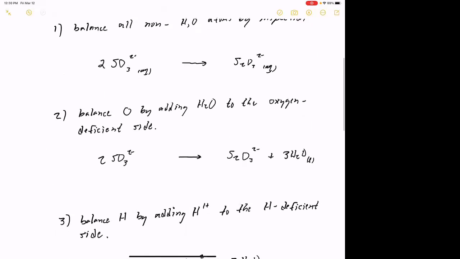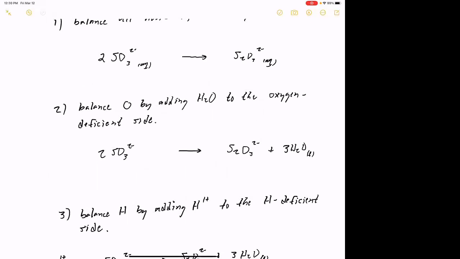All right, so look at item number 2 there. We balanced out the oxygens, right? Now, when I balanced the oxygens, I did it by adding water. Now, look what I added when I brought the water in. How many total hydrogens do you have there on the right? 6. 6 of them, yeah.